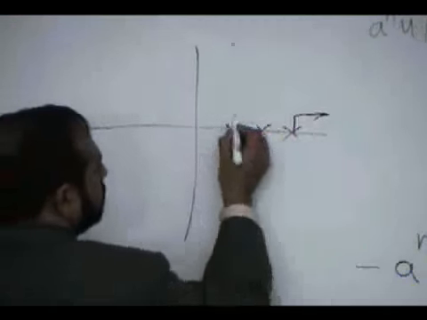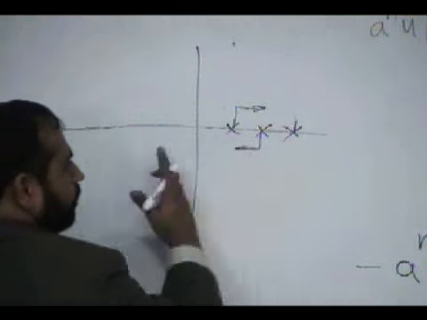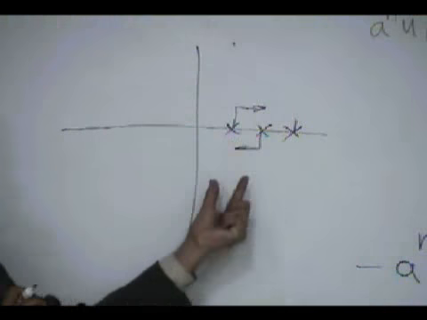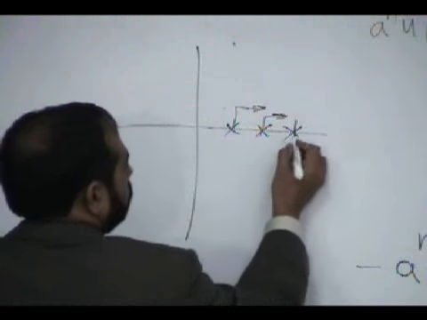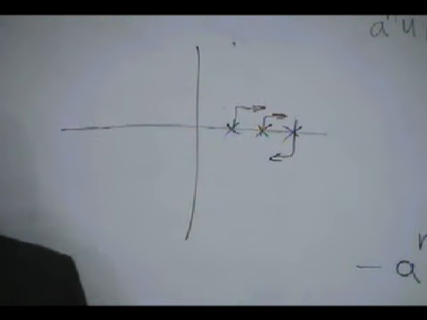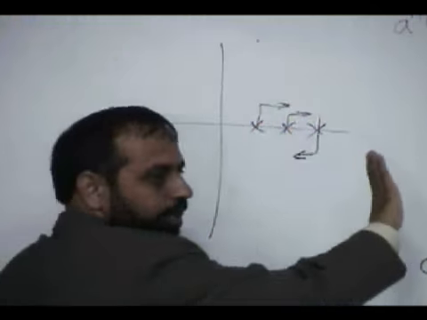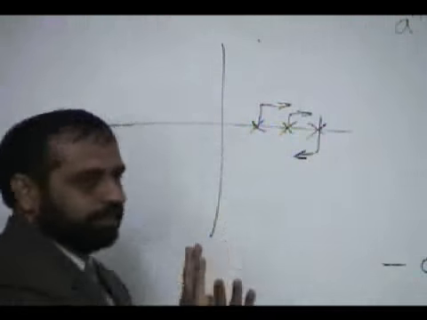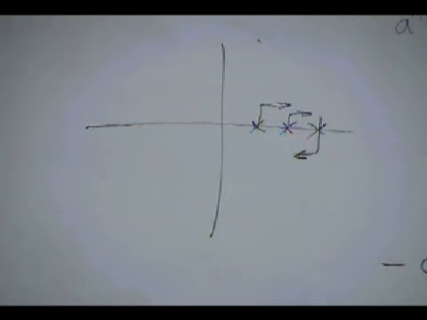Third answer is these two are left-hand side and this one is right-hand side, so you will get something in between. The other one is these two, and that's it. Otherwise, this going that way is not an answer, both going that way and this going this way is not an answer.